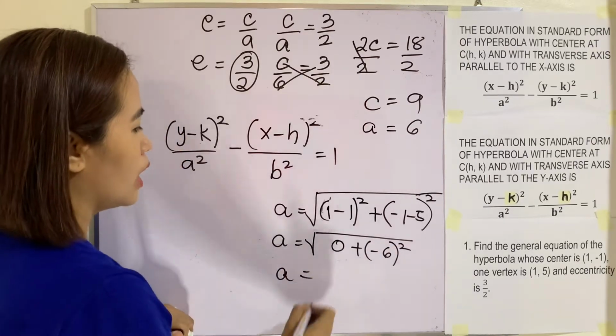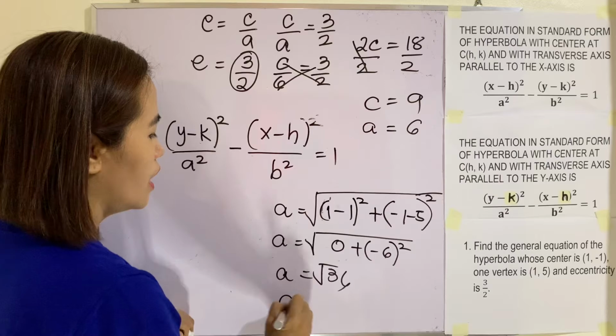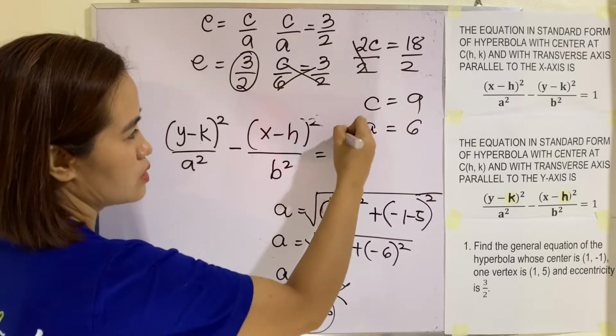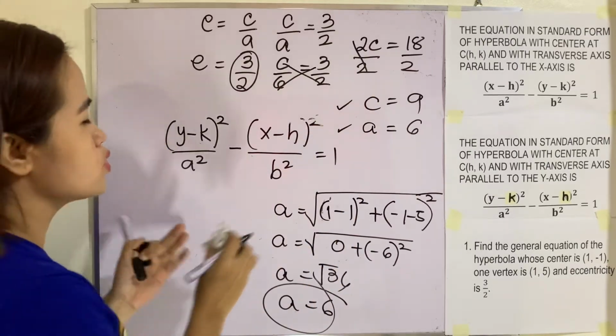This is a equals the square root of 36. a is really equal to 6. That's correct.